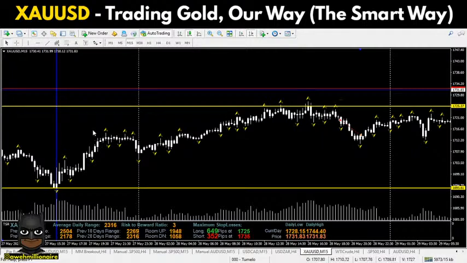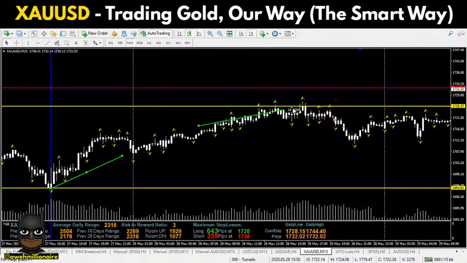So there we go. Going from the 27th of May, we had price come off the demand level. Price came off the demand level and went all the way to test the supply level, which we identified on the 26th of May.